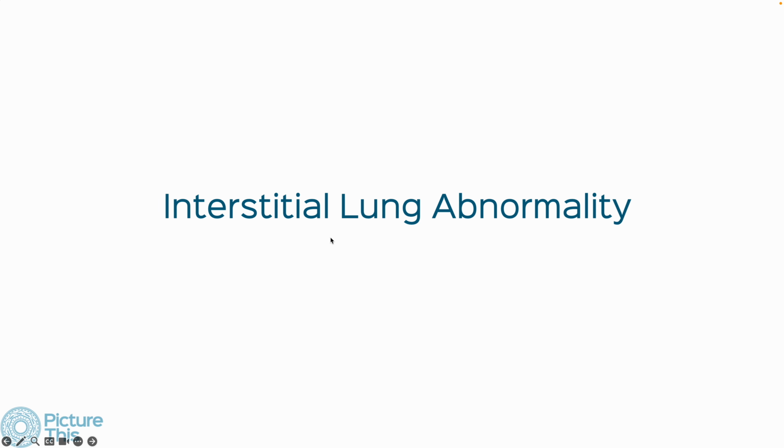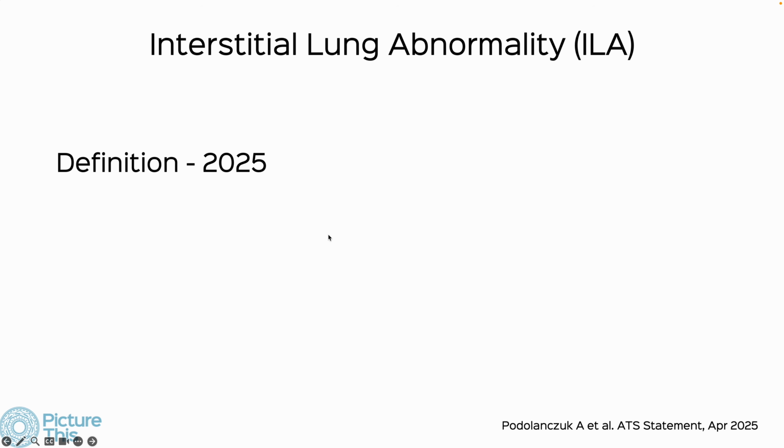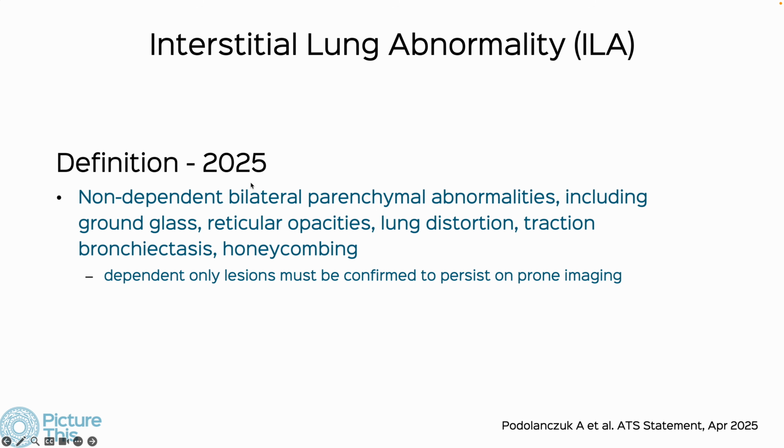That brings us to an entity called interstitial lung abnormality, or ILA. And this is a new hot topic buzzword, and everybody wants to do research on this. And in April 25, we had updated guidelines. So these are non-dependent lesions, and it could be any of the signs of an ILD.